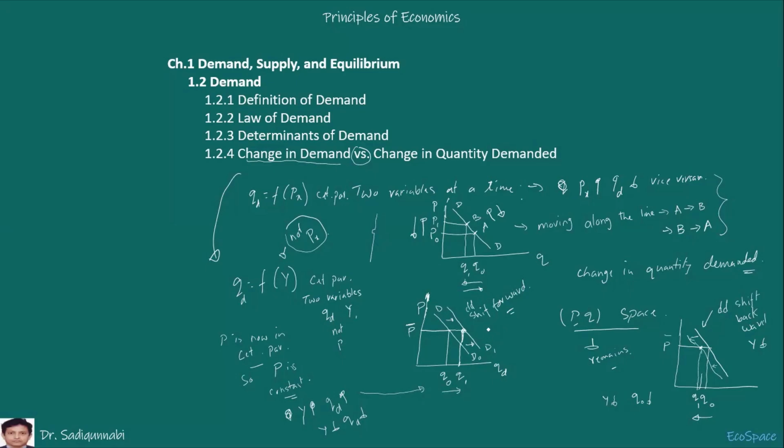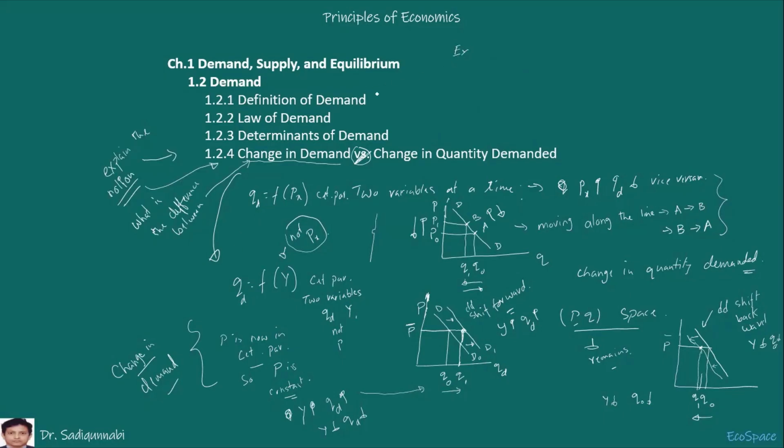Why forward? Because Y increases, which means QD also increases. Y decrease means QD decreases. So this notion is called change in demand. Take an example of all we have studied. Example.